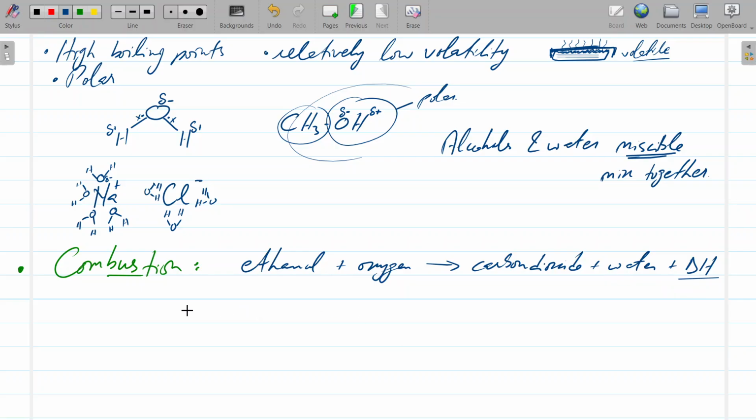And the equation for that would be, right, it's ethanol. So could you give me the structural formula for ethanol?